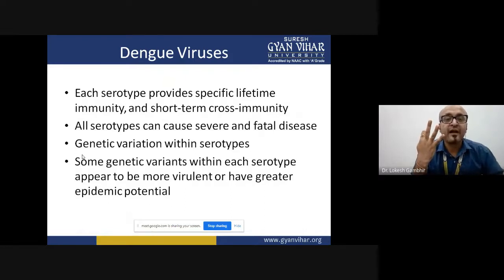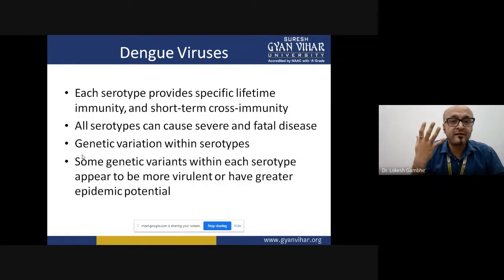So I have specific lifetime immunity against den 1, but that doesn't mean I am immune to the other three serotypes. If, say, after 6 months I got infected with den 2, I will again develop the major symptoms of dengue and have to go for proper treatment.